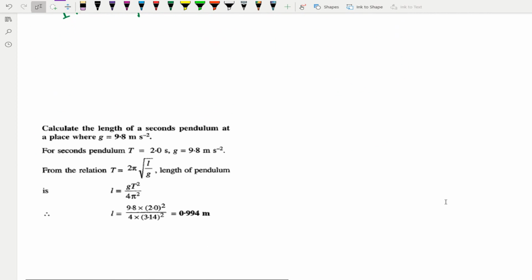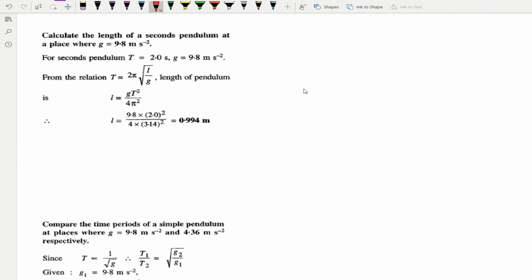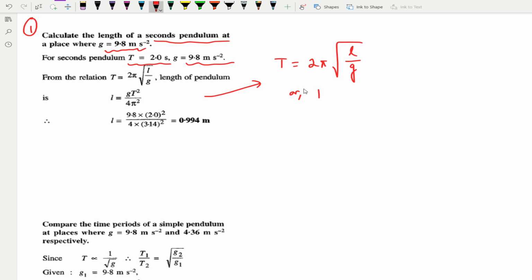Moving on to the examples, the first example is what we talked about just now. If the value of G is 9.8 meter per second square, we are asked to find the length of a seconds pendulum. So T is 2 seconds and G is 9.8 meter per second square, and using the same formula, T is equal to 2 pi root over L by G, we can make L the subject. To do that, you will have to square both sides first.